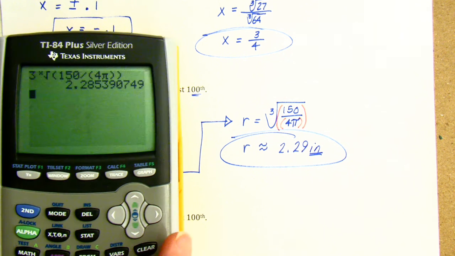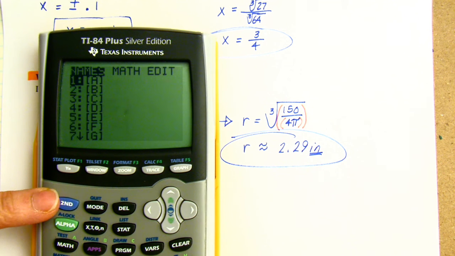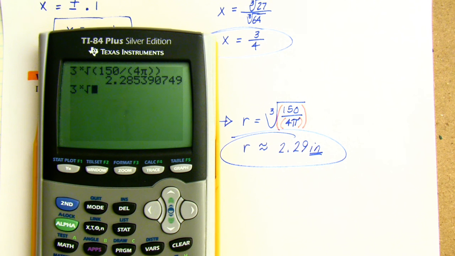Now I want you to actually try this on the calculator as you're watching this video lesson. I'm going to show you what happens if you don't put the parentheses there. So I get the cube root of 150 divided by 4 pi. There it is, no parentheses. That is not the same answer.